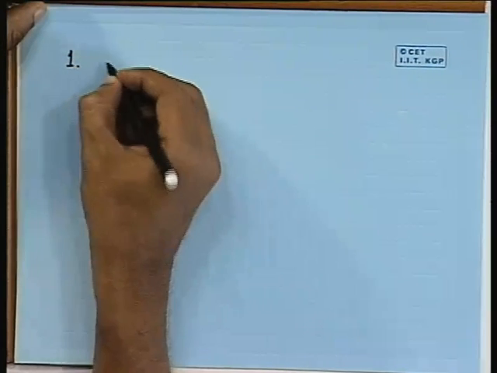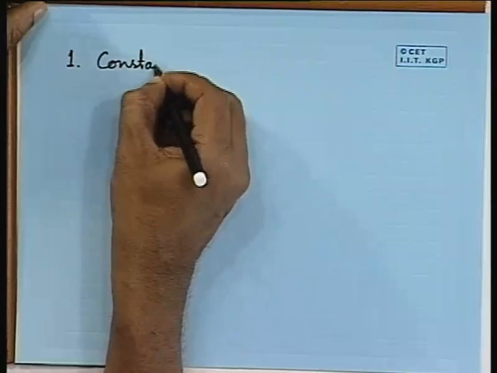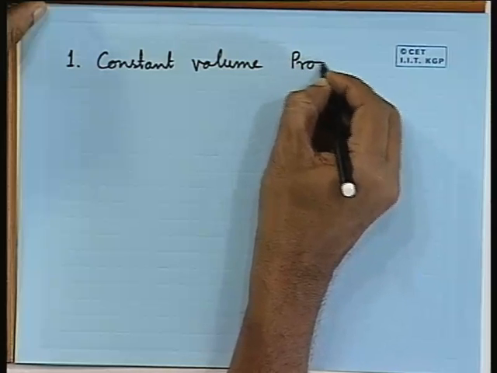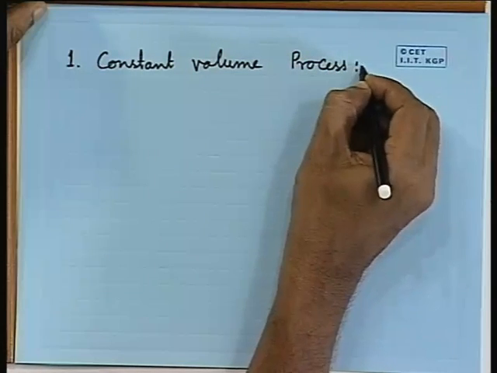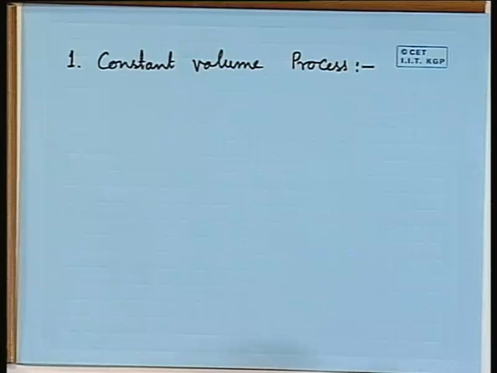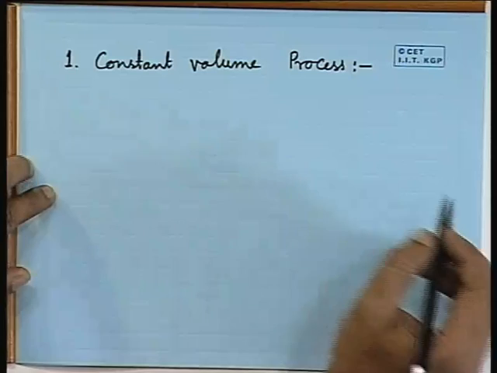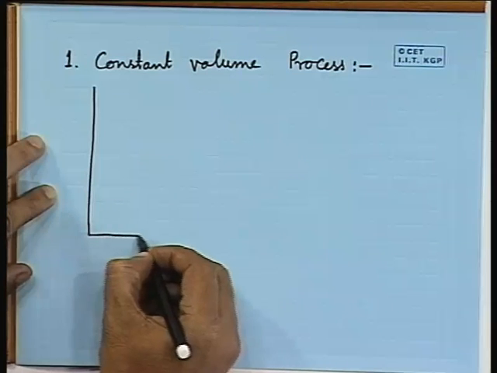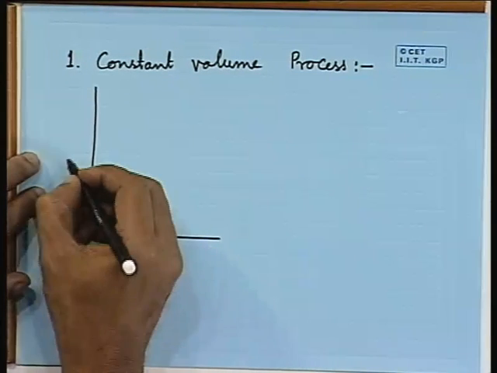So, let us start with some simple process and see how we can proceed. So, first let us take a constant volume process. So, in a constant volume process, let us try to plot it on a PV diagram.